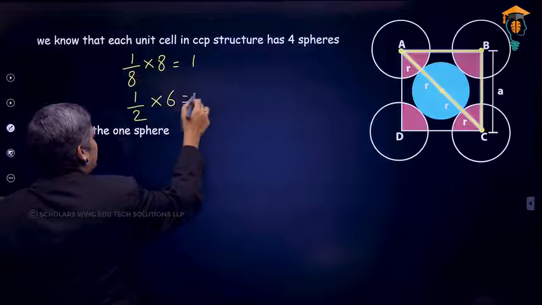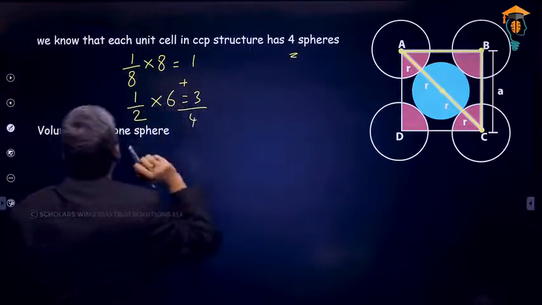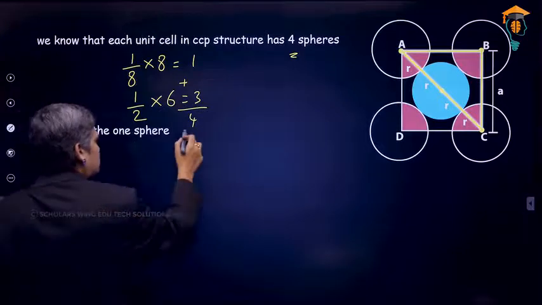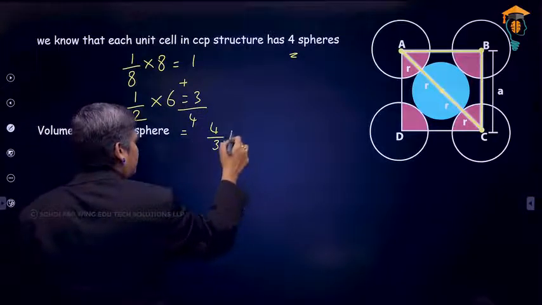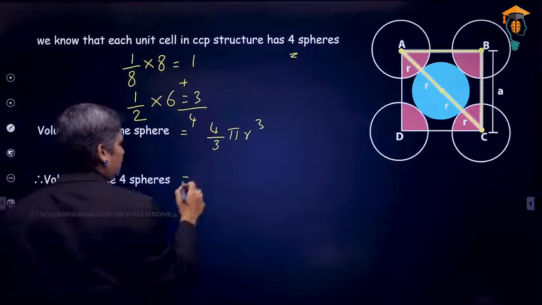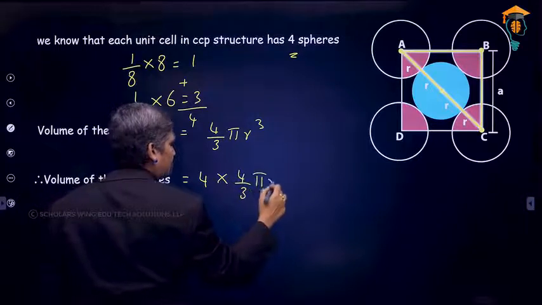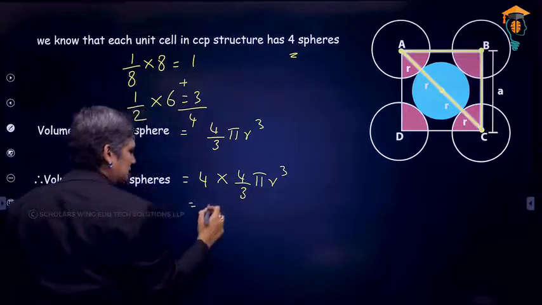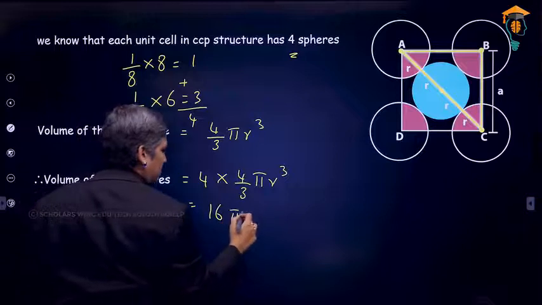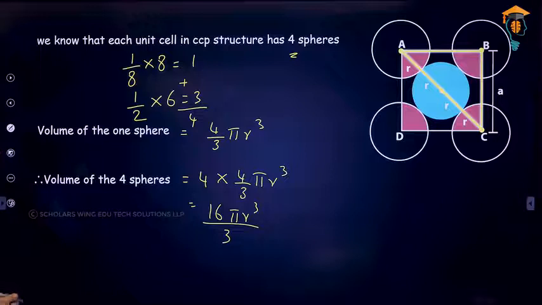Therefore, you get 3, 1 plus 3 is 4, right? Therefore, we got 4. And volume of one sphere we know is 4 by 3 pi r cube. And therefore, volume of 4 spheres will be 4 into 4 by 3 pi r cube. That will be 16 pi r cube by 3. This is our numerator, okay?